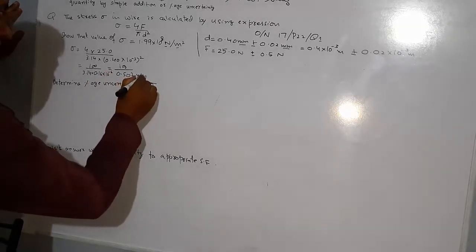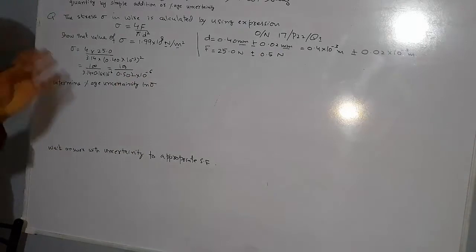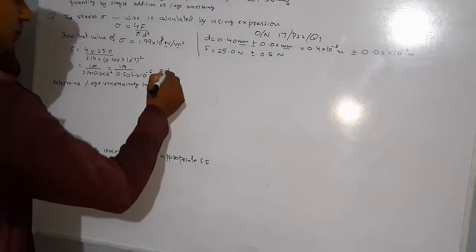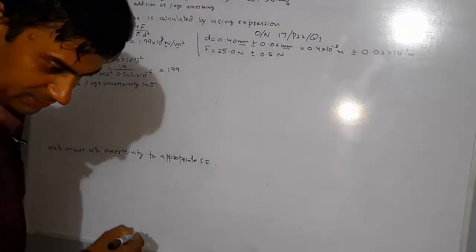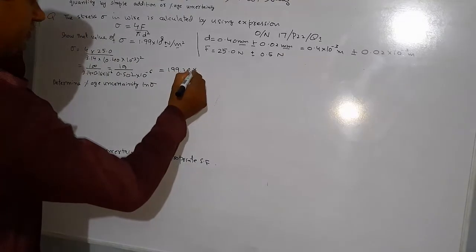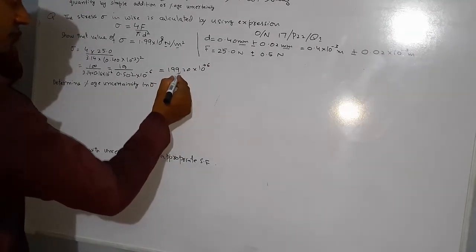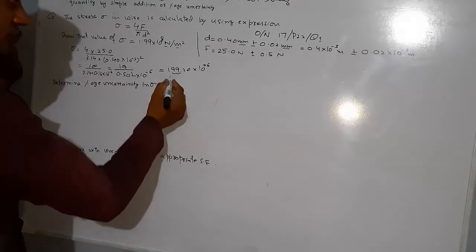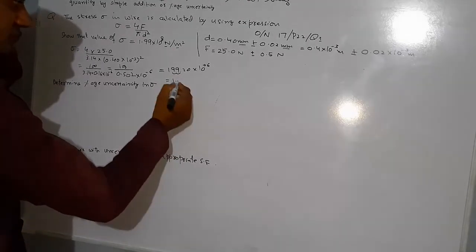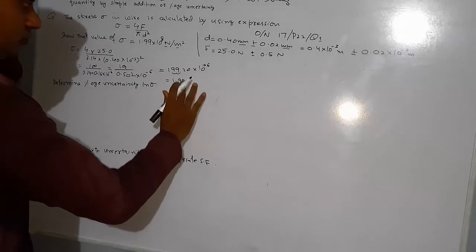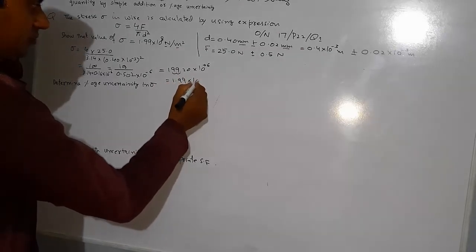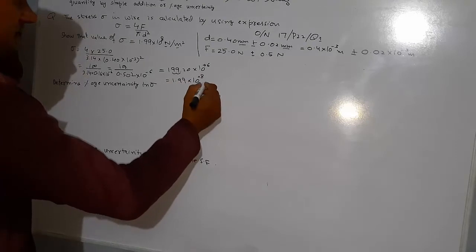After dividing, we have 199.20 multiplied by 10 power minus 6, which shifts to the numerator as 10 power plus 6. In standard scientific notation, after the first digit we write the decimal: 1.99 into 10 power 8, and the SI unit will be Newton per meter square.